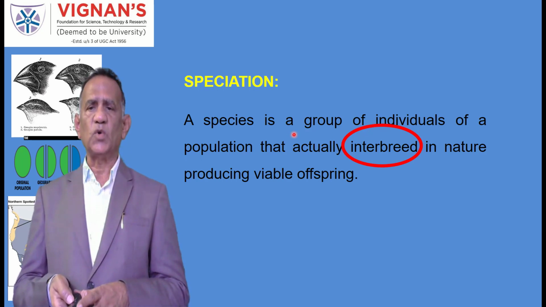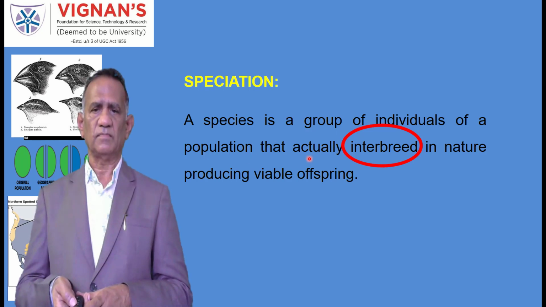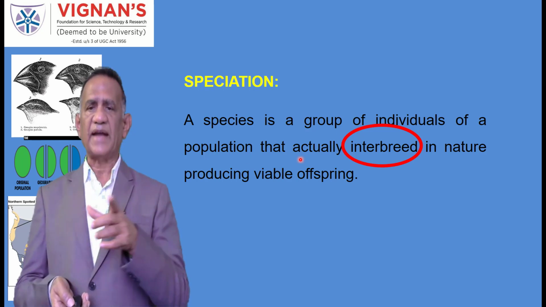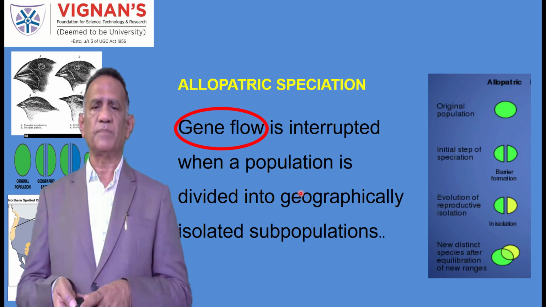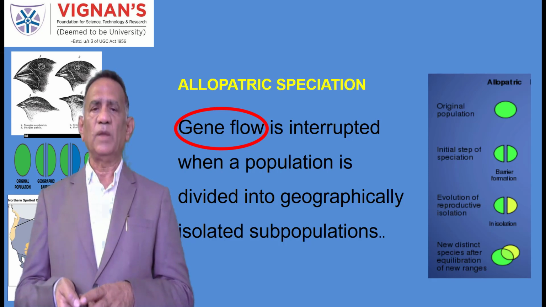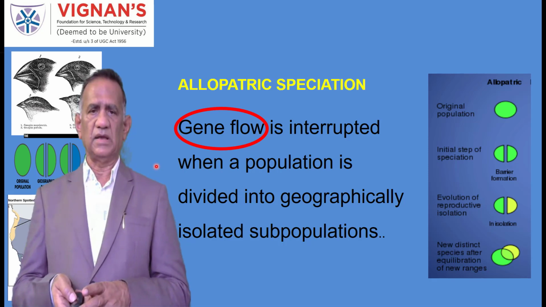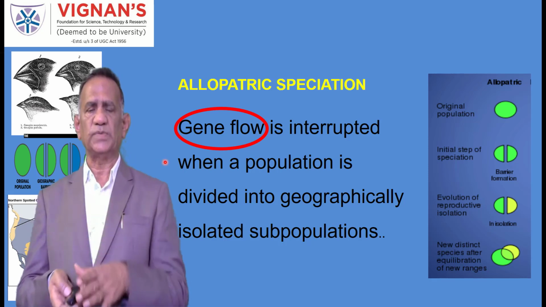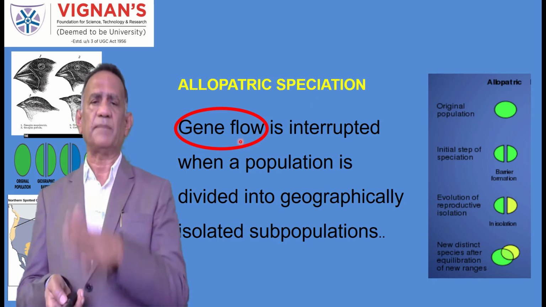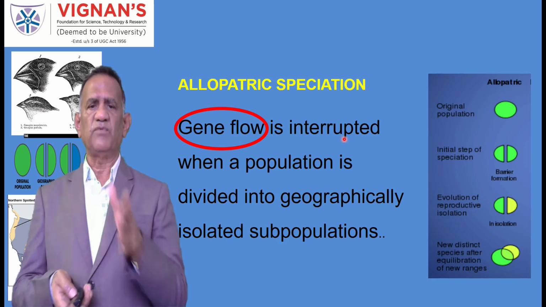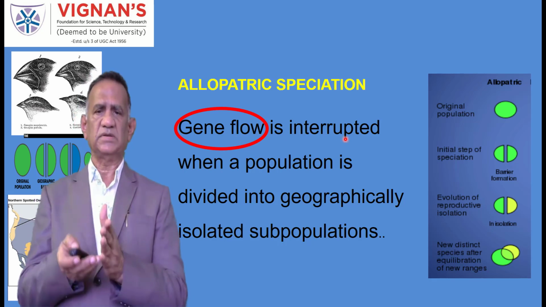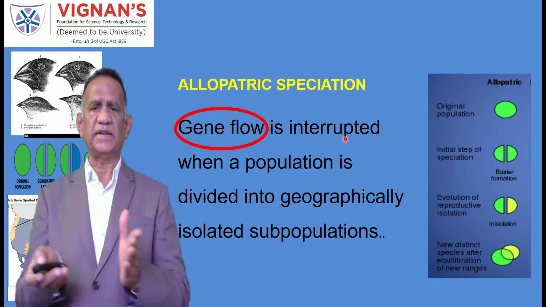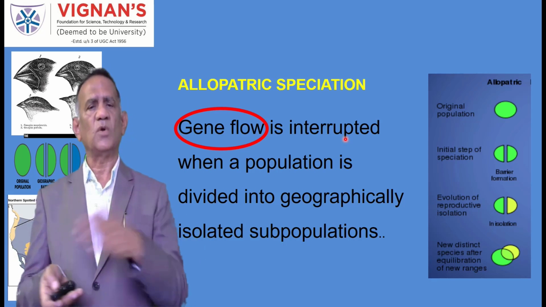A species is a group of individuals of a population that interbreed in nature, producing viable offspring. Now, one more thing: in allopatric species, gene flow is interrupted. Once the two populations are isolated by barriers, there is no question of gene flow.